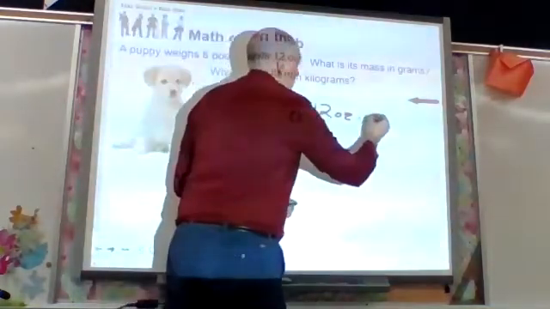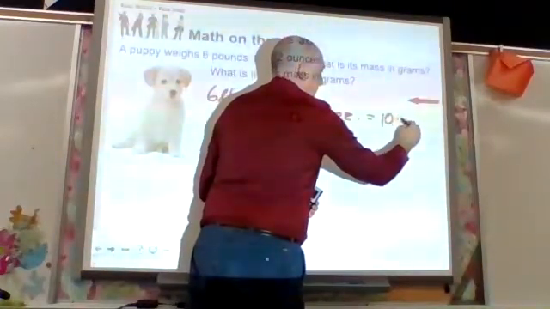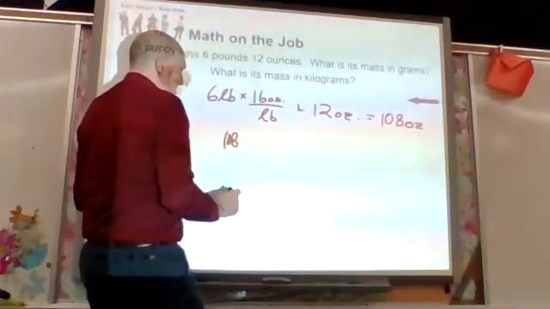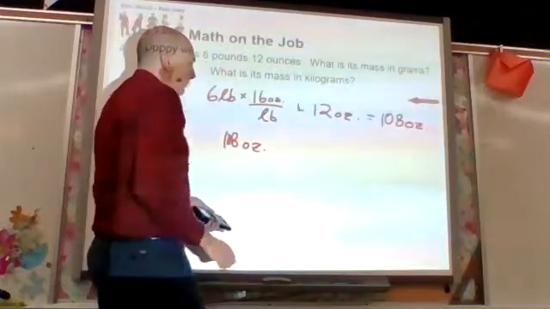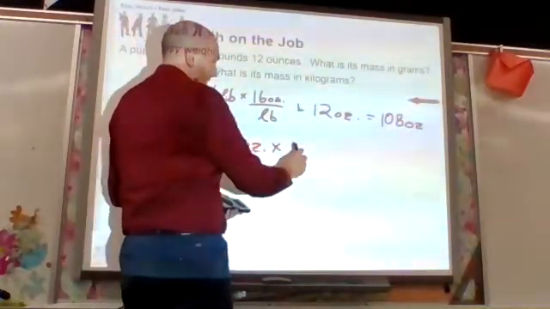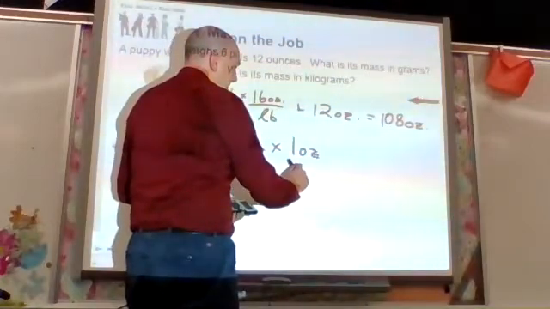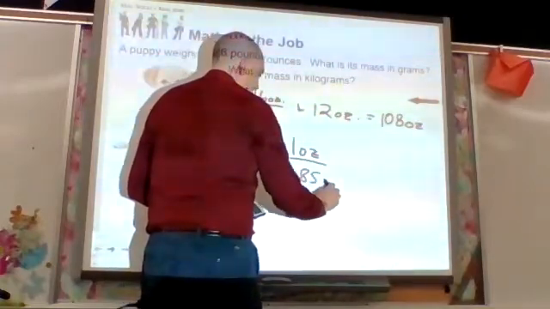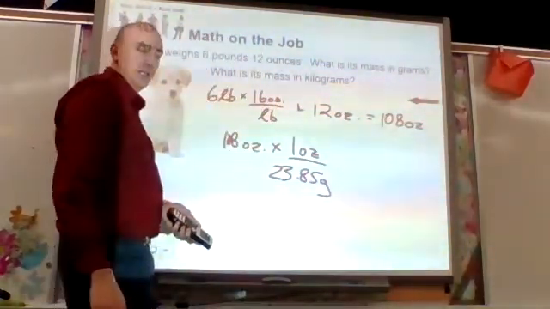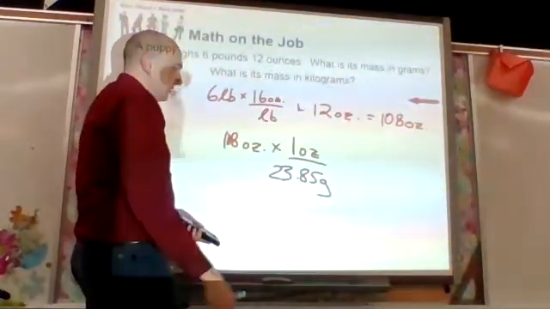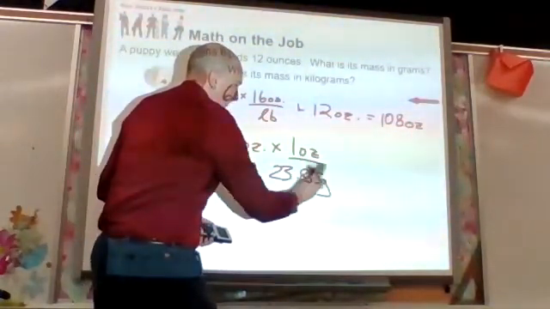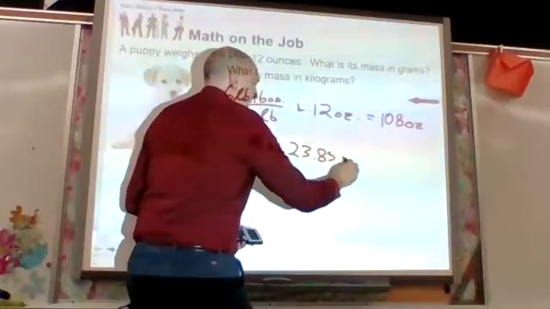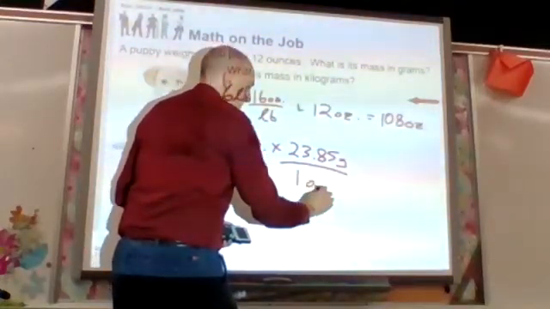So this equals a total of 108 ounces. 108 ounces, as we saw last time, can be multiplied by our conversion factor of 1 ounce equals 23.85 grams. Oh, look at what I did again. Ounce times ounce does not cancel out. I've got to get 1 on the other side of the line, so I'm going to flip this over: 23.85 grams per 1 ounce.